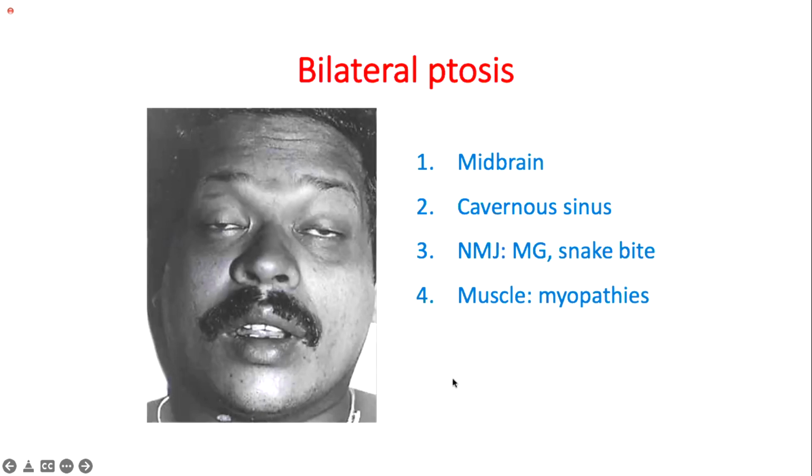But with cavernous sinus thrombosis you also get severe papilledema, severe congestion of the eye, proptosis. Red, angry looking eyes trying to pop out of the eye sockets. So this is definitely not cavernous sinus thrombosis. That is why it is important to observe that his mouth is also open. There is obviously weakness of all the muscles, facial muscles, the ocular muscles, everything. So the lesion has to be at the neuromuscular junction or muscle. It's either NMJ or myopathy.